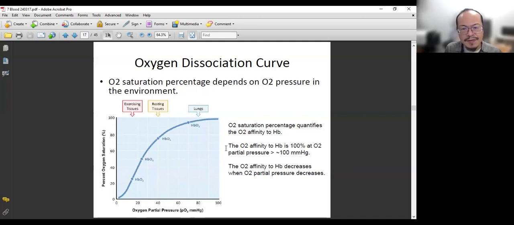In this curve, as in any curve, we have X and Y. The X-axis is oxygen partial pressure.